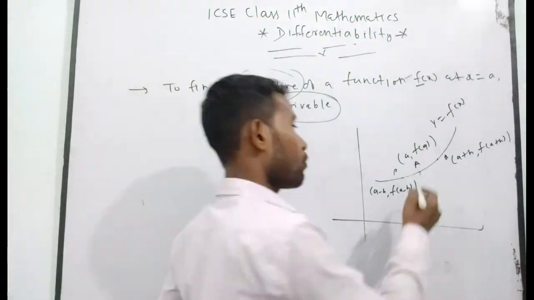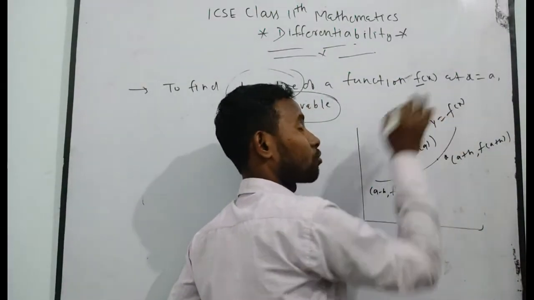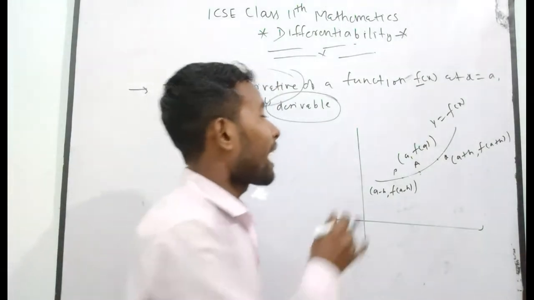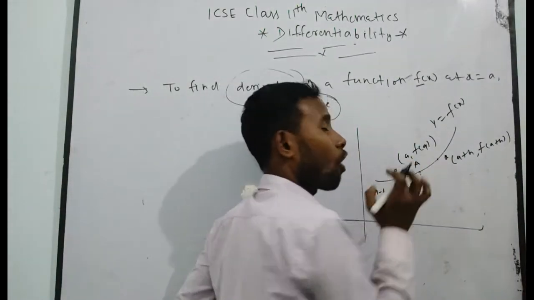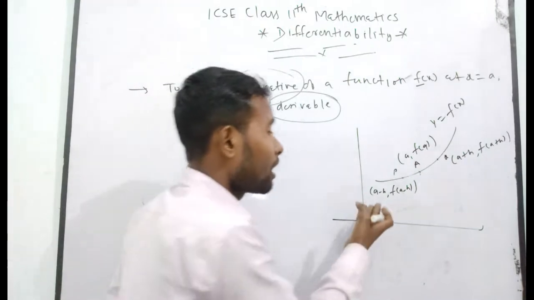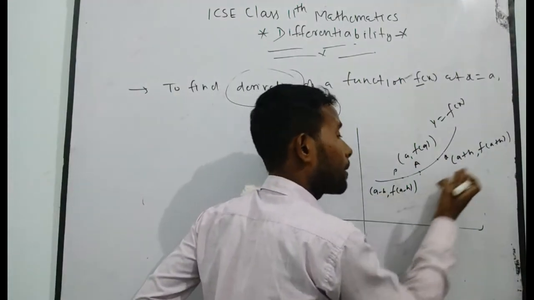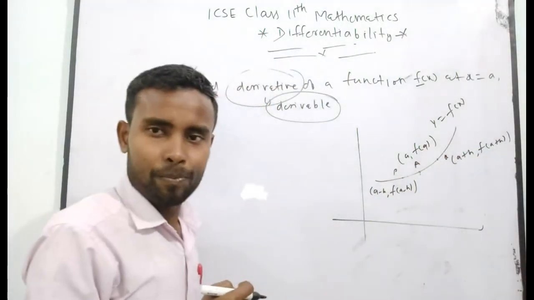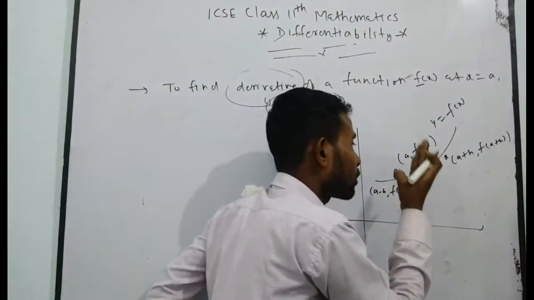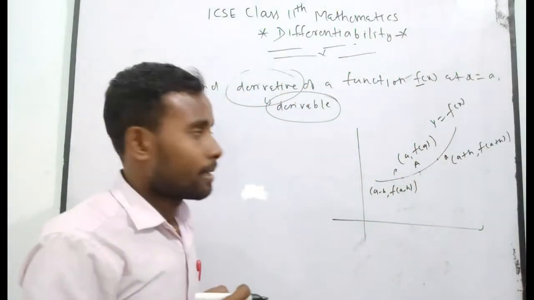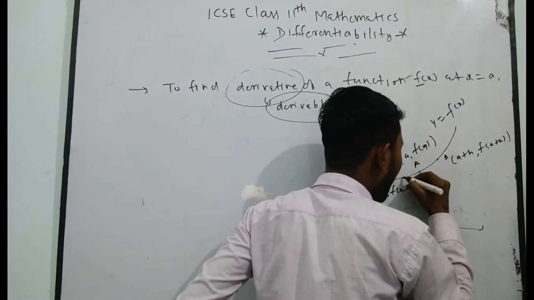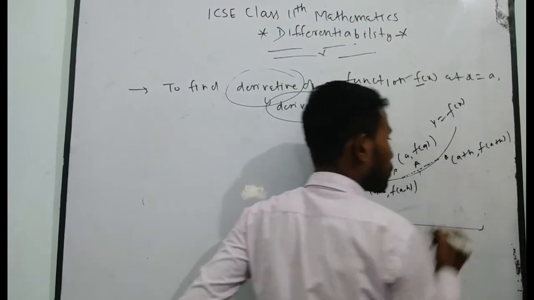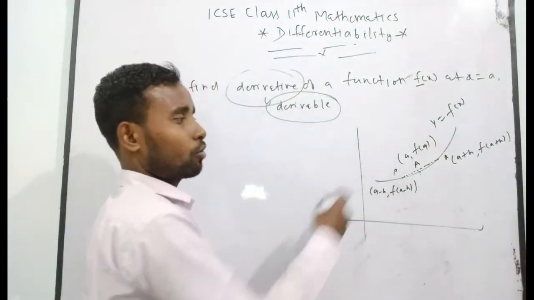For this, I have taken two neighborhood points of A, P and Q, having coordinates (a minus h, f(a minus h)) and (a plus h, f(a plus h)). Now, I want to find the slope of this chord.